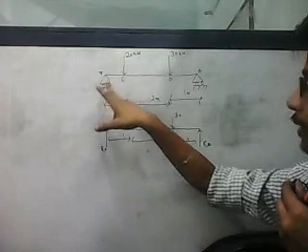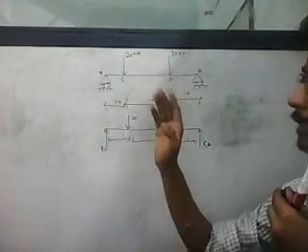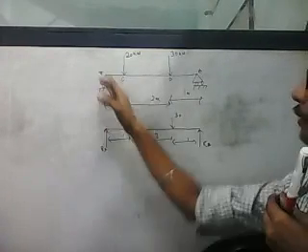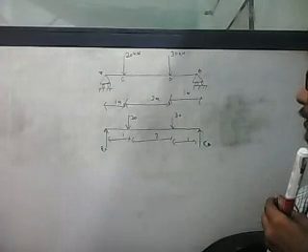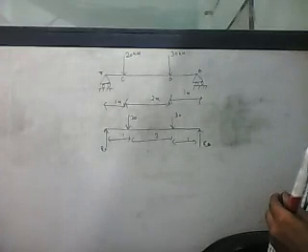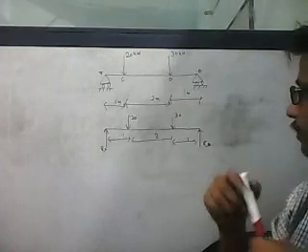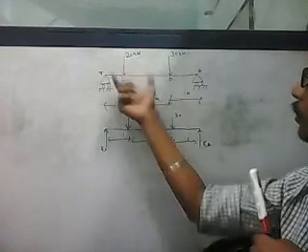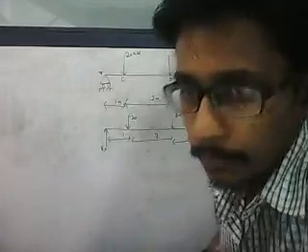Roller support only contains one reaction, which is perpendicular to the roller side. Right now the roller is applied horizontally, and this reaction acts vertically. And now the whole beam is in equilibrium. Do you know what equilibrium is?